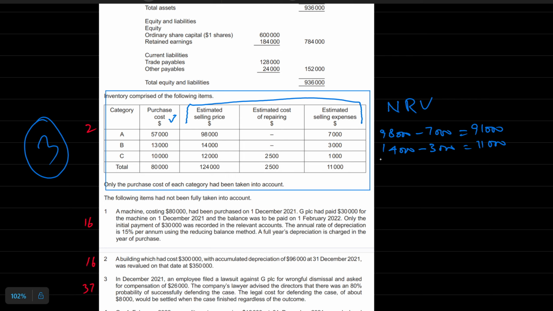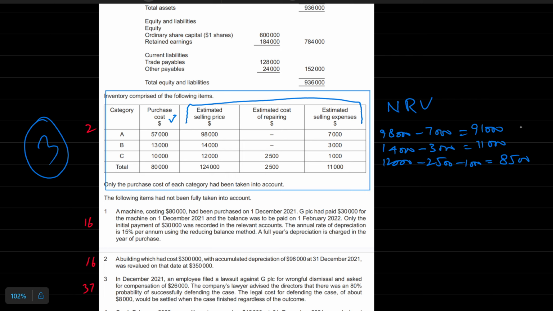For C, it will be 12,000 minus 2,500 minus 1,000. It is 8,500. So these are the net realizable values.